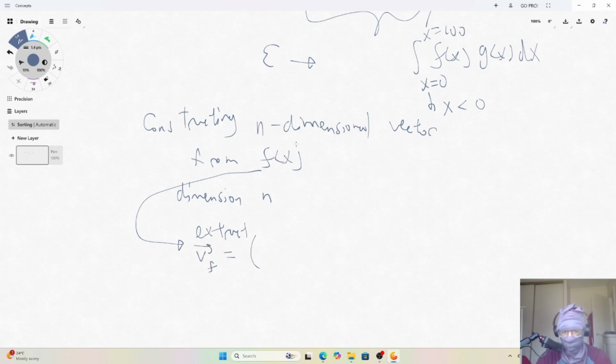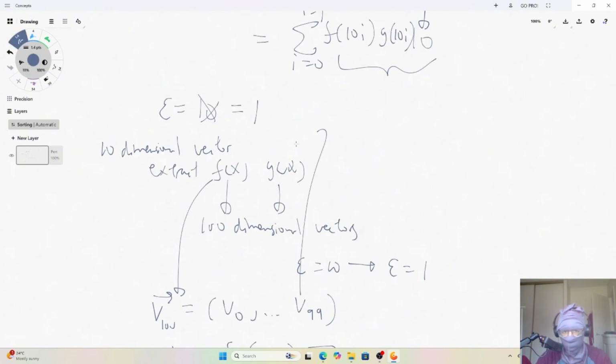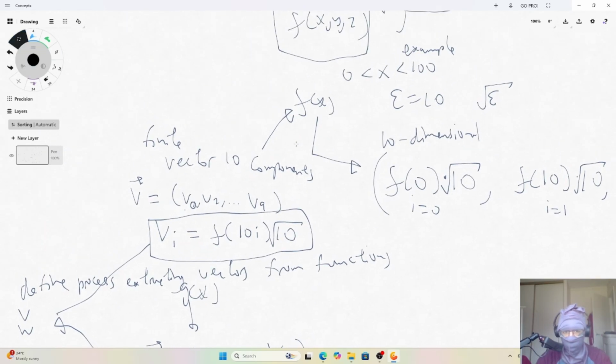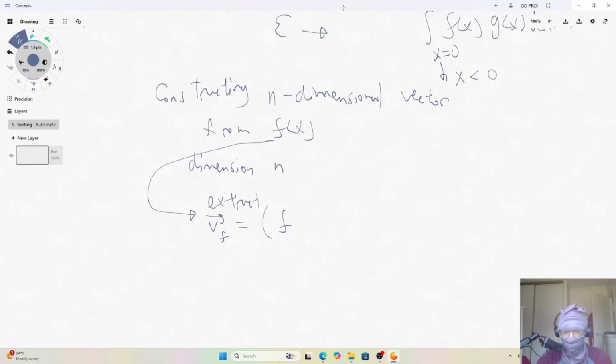Epsilon is defined by the domain in which the function is defined. So let's keep that domain 100 and we can generalize it for a more general domain.